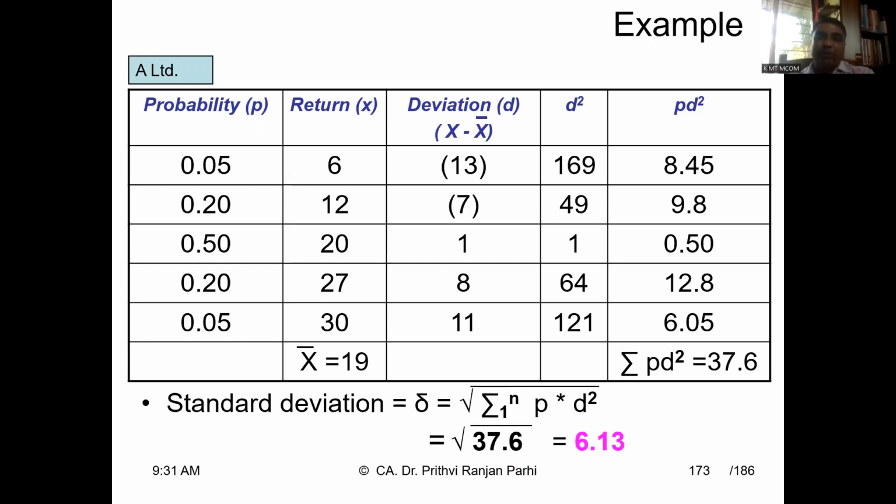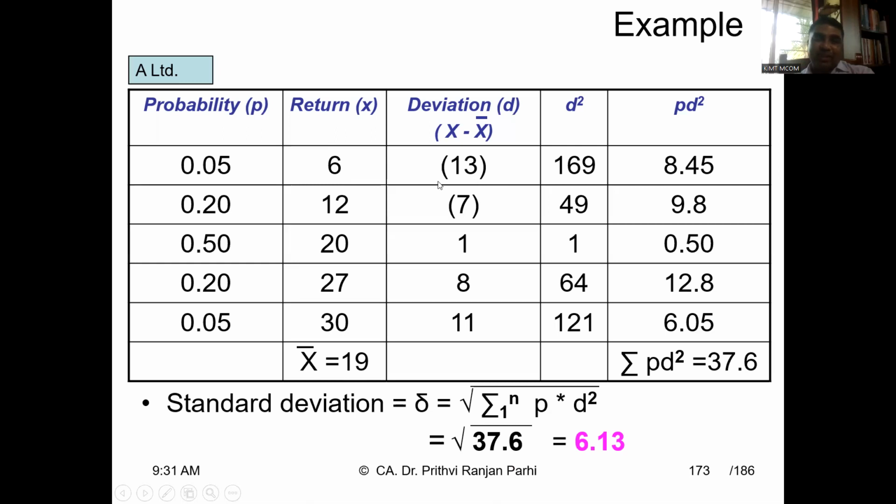We are supposed to compute the standard deviation, that is, deviations from the average expectation. If there is a deviation from the average expectation, you can say there is a risk. Next column, we have computed the deviations. Deviation is x minus x bar, where x bar is the average of x, which is 19.